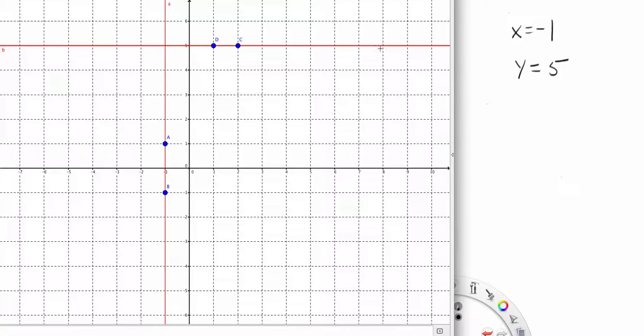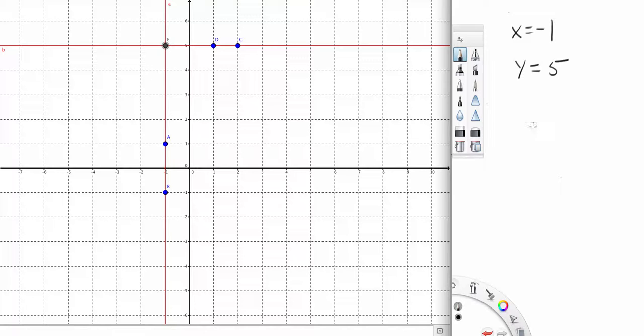And here's a picture of my two lines, and the place they cross is right there. And what is the coordinate of that point? The coordinate of that point would be, if you just count over, negative 1 over, 1, 2, 3, 4, 5 up. So that crosses at (negative 1, 5). And if you notice, that's what it says. X must be negative 1. Y must be 5. That's where the two lines will cross.